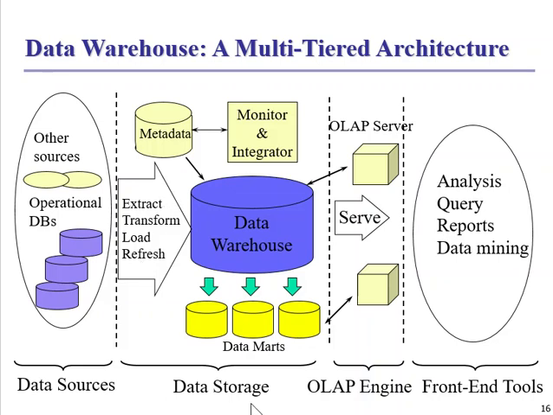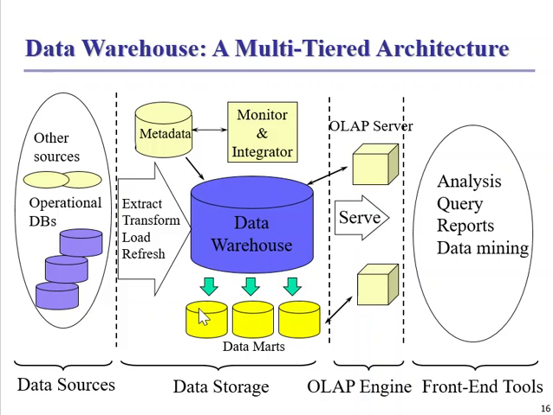Within this data storage layer, we can have a data warehouse that holds a lot of data cubes. And we also could, in place of a data warehouse, have smaller data structures that are similar to a data warehouse, but not as comprehensive. We call them data marts.